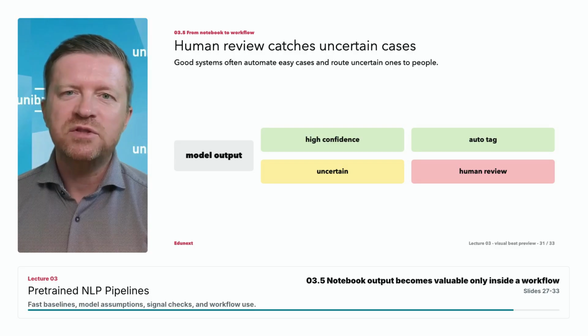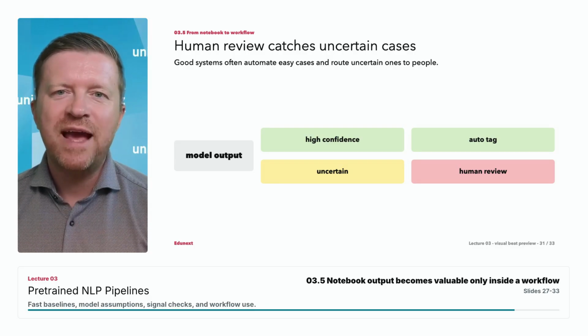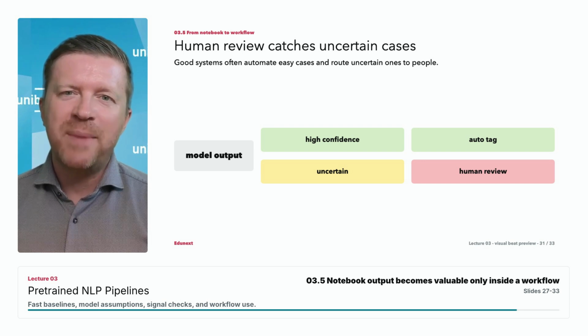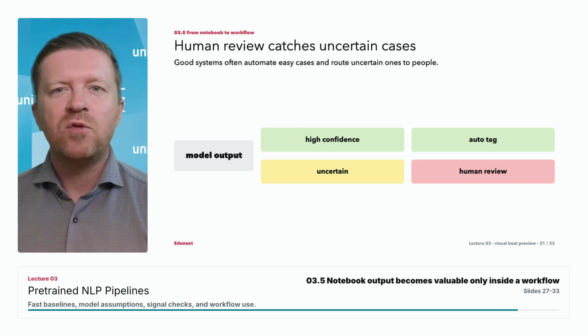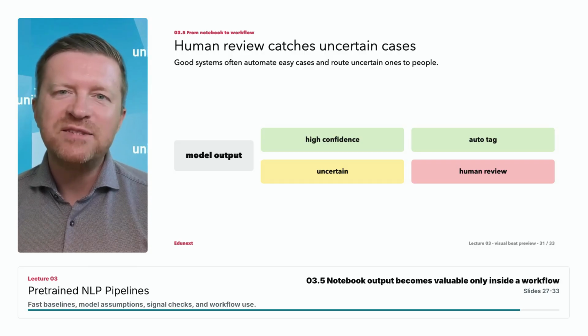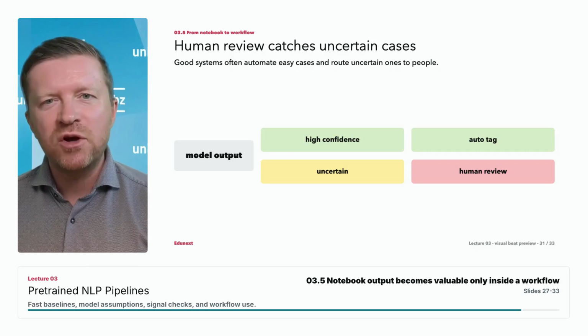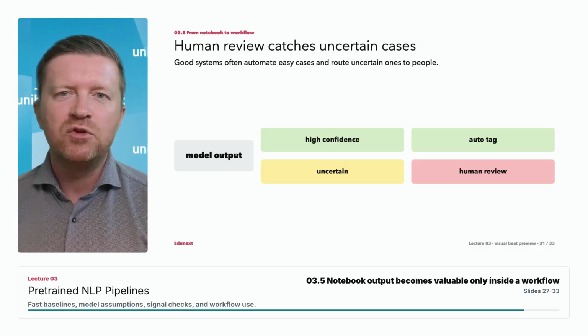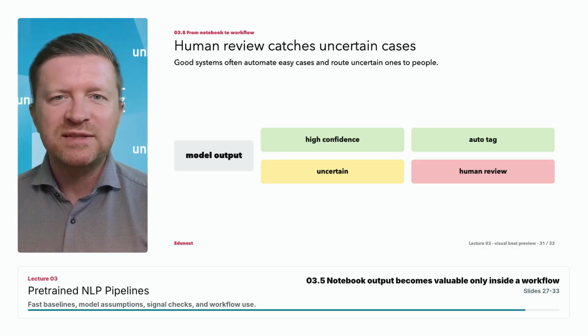A threshold is a product decision. If you say, only messages above 0.9 confidence go into an automatic negative review queue, that threshold is not just a technical number. It decides which messages receive attention and which do not. A lower threshold may catch more problems but create more noise. A higher threshold may reduce noise but miss important cases.